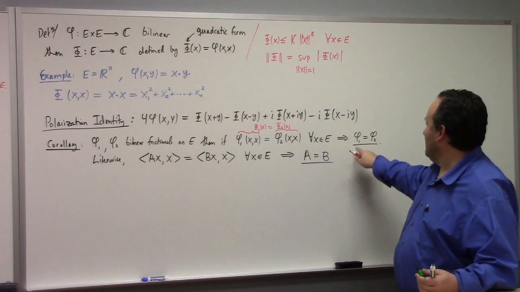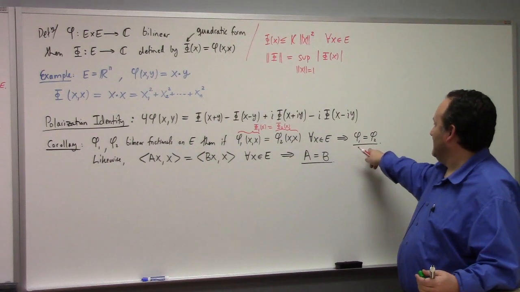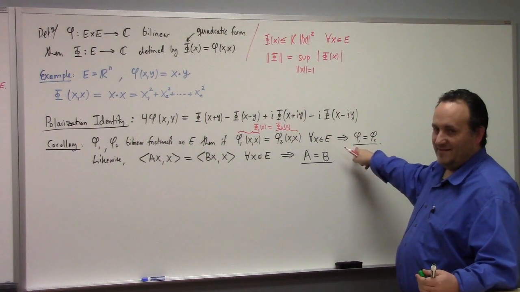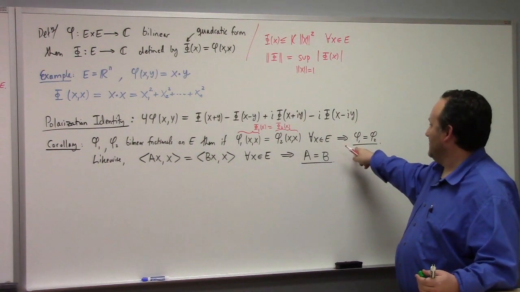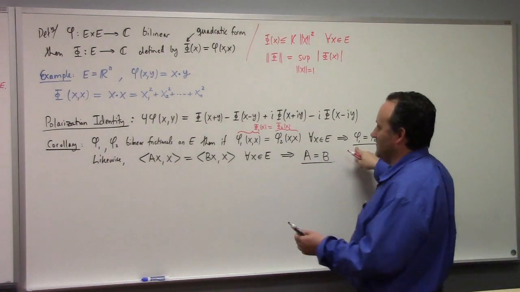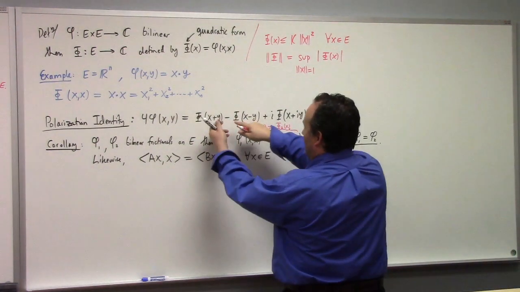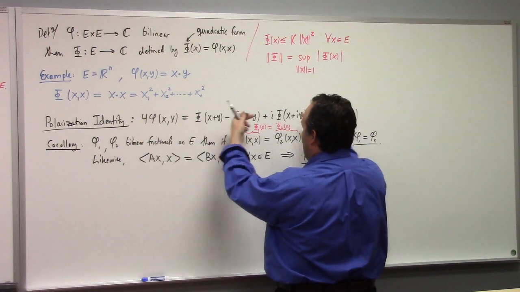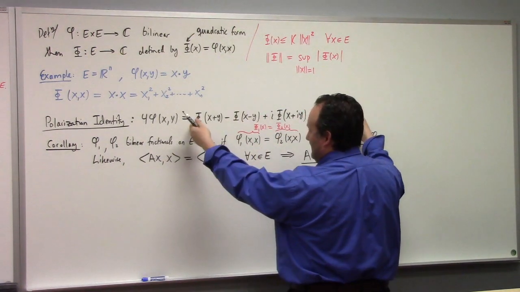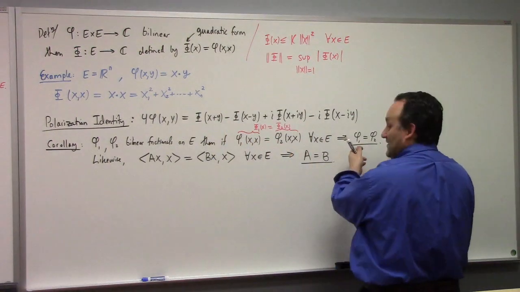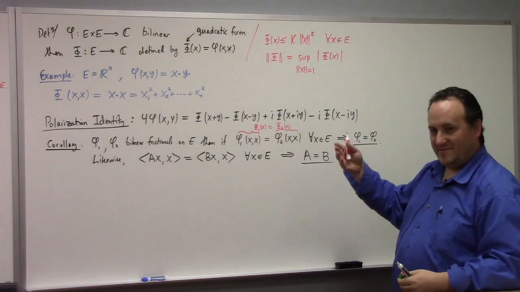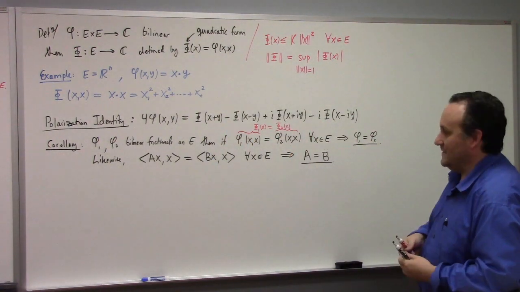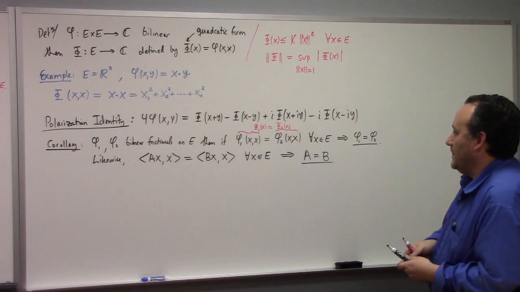So to prove that phi 1 is equal to phi 2, phi 1 is 1/4 of big phi 1 of all this, which is equal to 1/4 of big phi 2 of all this, which then is equal to phi 2. So you just run right through the polarization identity to get that one.